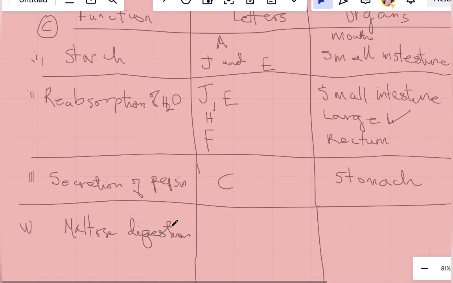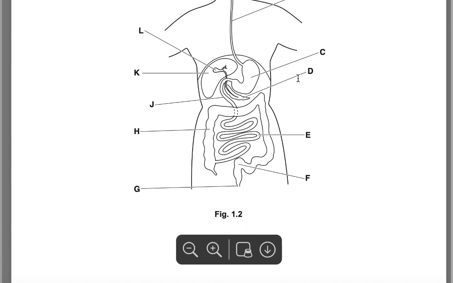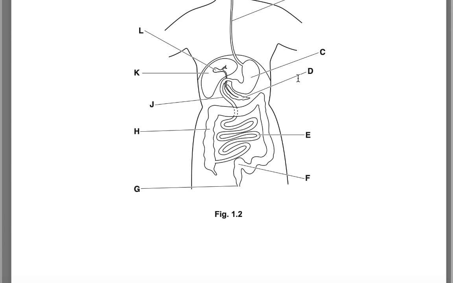So we go to the diagram and find where maltose digestion is taking place. Maltose digestion is in the small intestine. Because we are dealing with chemical digestion, it's in the small intestine.